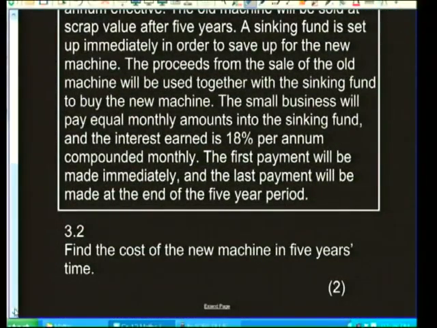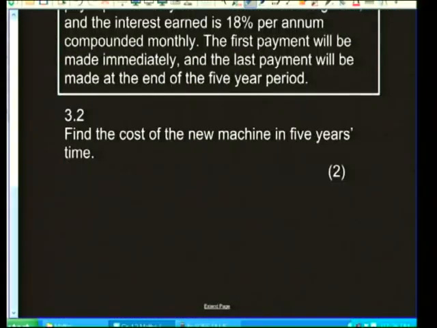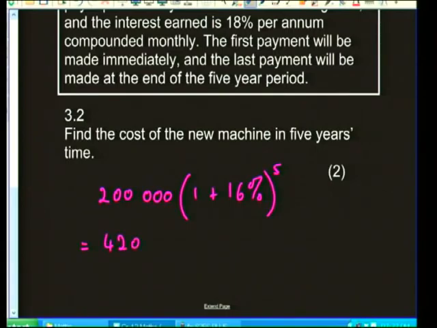Right, moving on. 3.2. Find the cost of the new machine in 5 years' time. Now, remember that I commented that the increase was quite outstanding, quite staggering actually, 16%. So our new machine in 5 years' time is going to appreciate and cost us 420,068 rand and 33 cents.